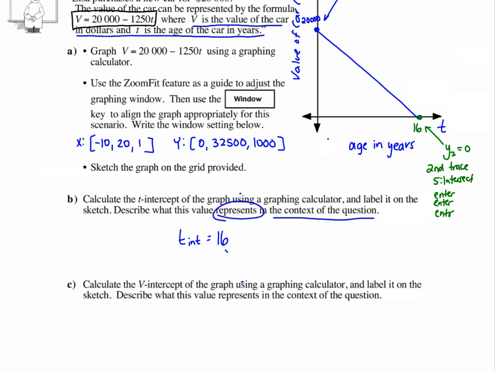So at that point, x is 16, y is 0. After 16 years, the car is worth $0. The car has no value.